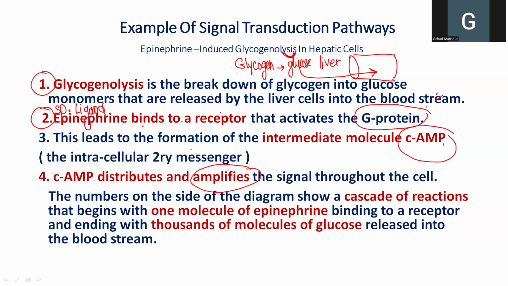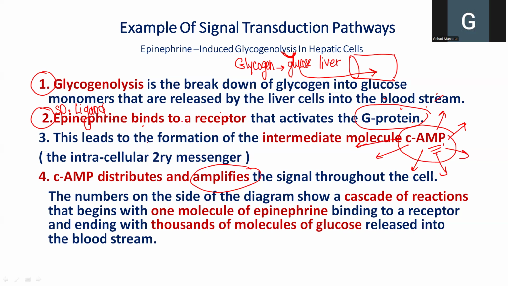If you want to understand how amplification occurs, we started with one epinephrine molecule, but after the G protein has been activated and cyclic AMP has been produced, this cyclic AMP will bind with several substrate molecules and will amplify the signal throughout the cell.